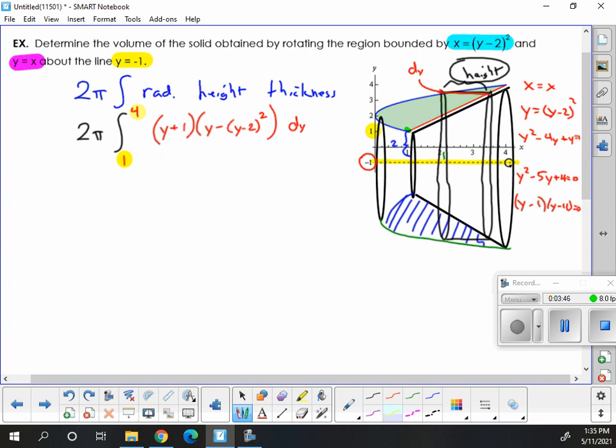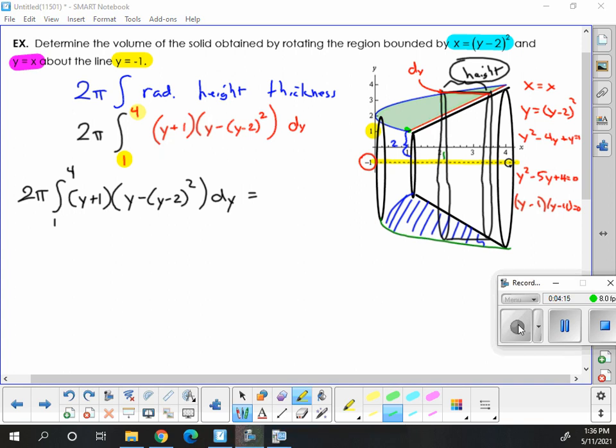The rest you can just plug directly into your calculator if you want, or you can do it analytically. I'm going to do 2 pi integral from 1 to 4 of (y plus 1)(y minus 2) squared dy. And that's going to be my value.